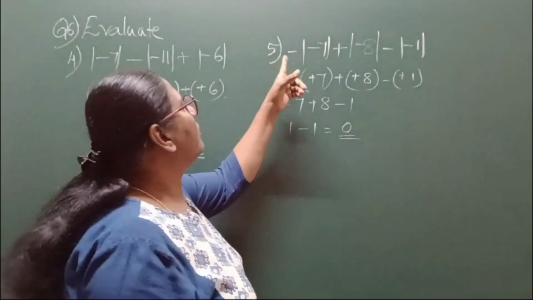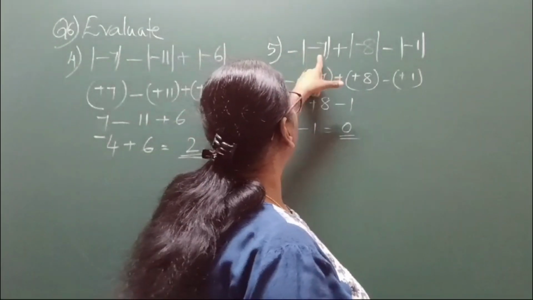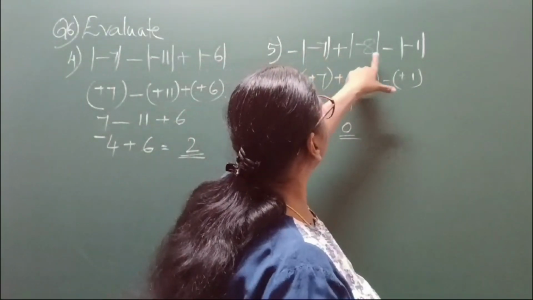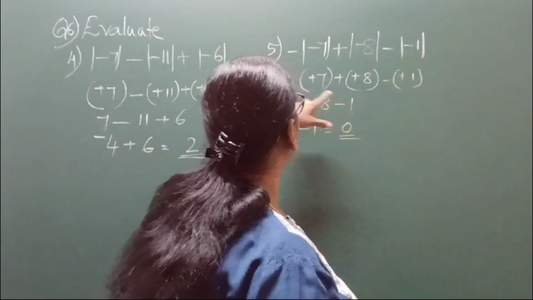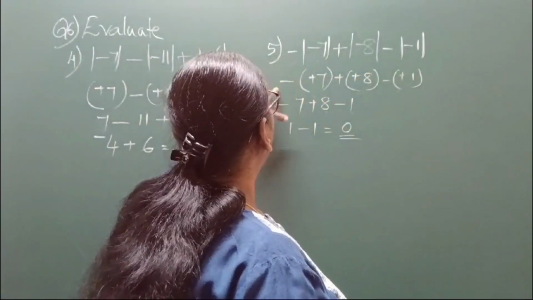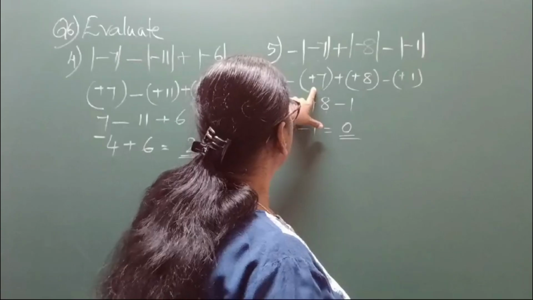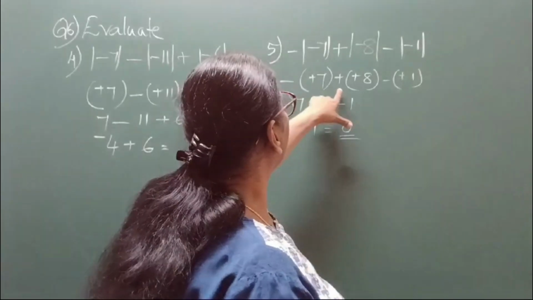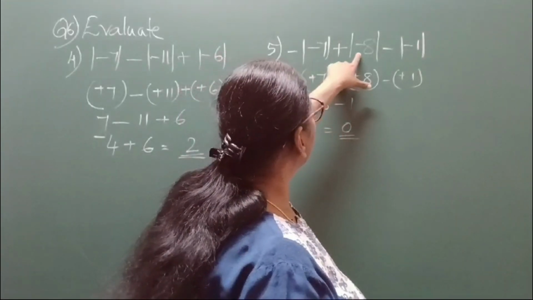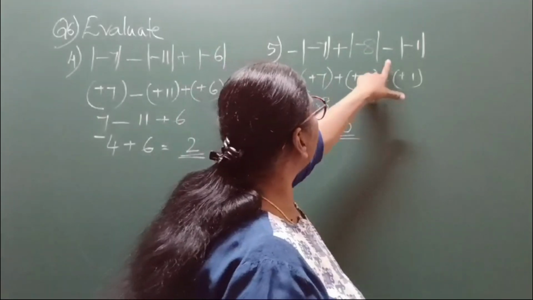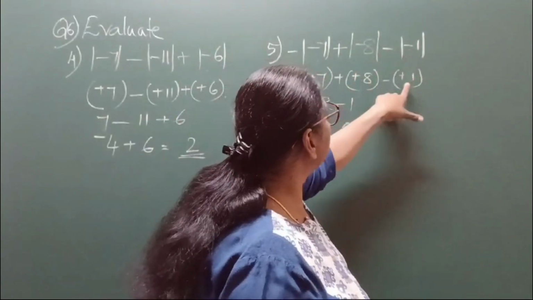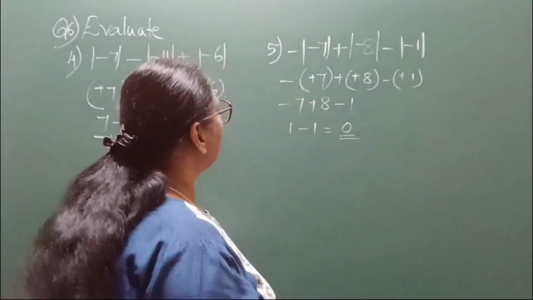Then fifth question is minus 7 plus minus 8 minus 1. Again the same, minus, then this becomes plus 7 using simple bracket, plus as it is, this becomes plus 8, then minus as it is, this becomes plus 1. Now we have to remove the bracket.